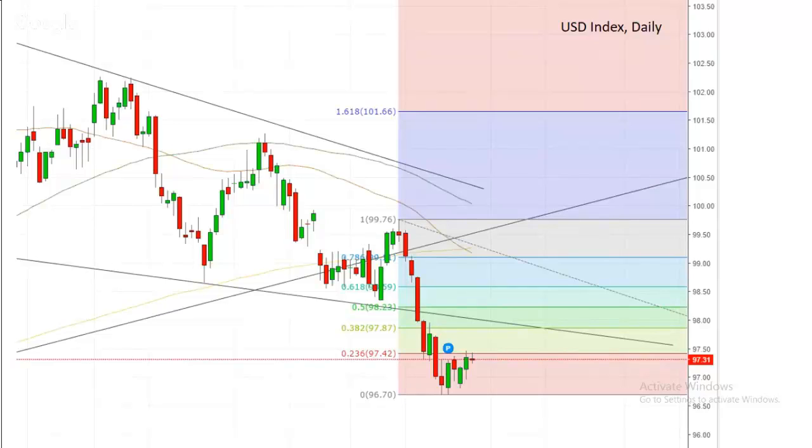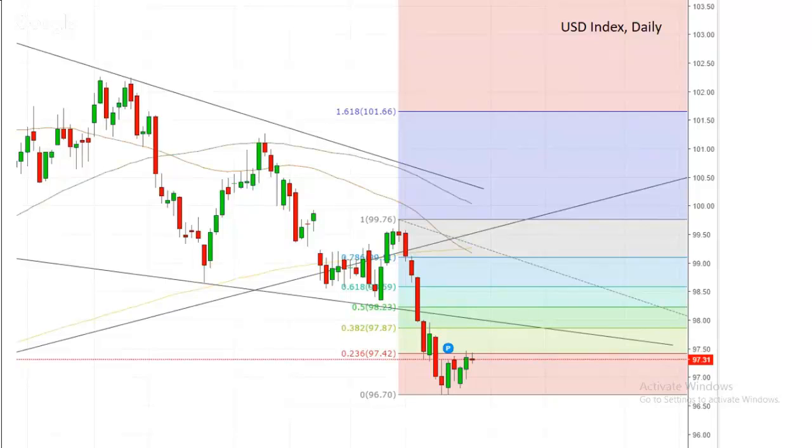If the Federal Reserve shows that it is really hawkish and it is seriously considering another rate hike or rate hikes this year apart from June, then it might be the case that the US dollar will be able to return to this uptrend.